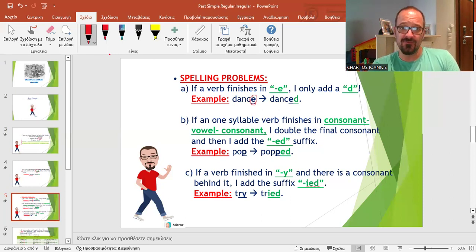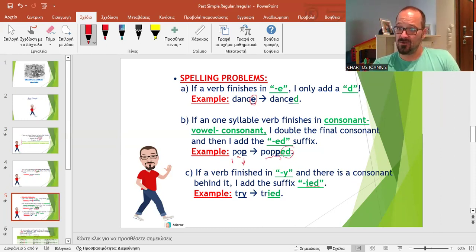Second rule, if a one syllable verb finishes in consonant, vowel, consonant, I double the final consonant, and then I add the ed suffix. So I have the one syllable verb pop, which finishes in consonant P, vowel O, consonant. So when I add the ed suffix, I must double the final consonant. This is why I see here double P.